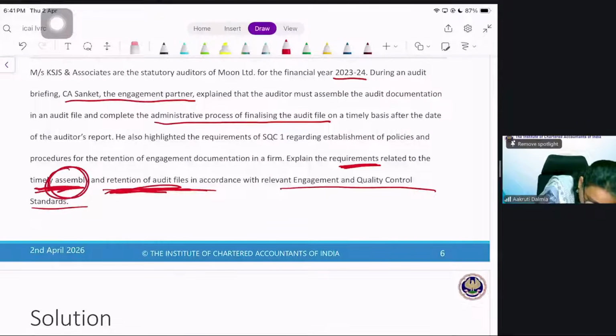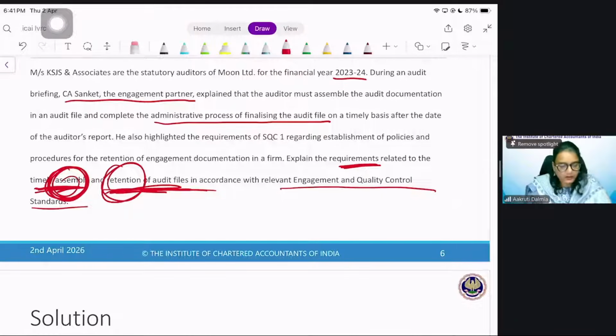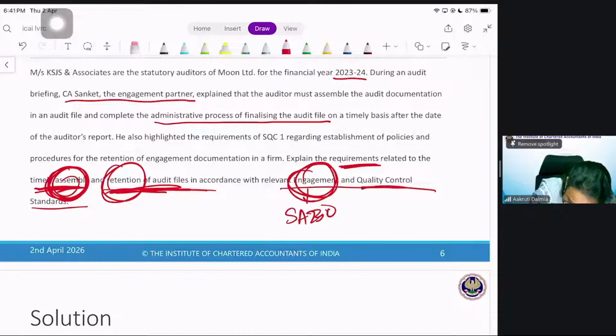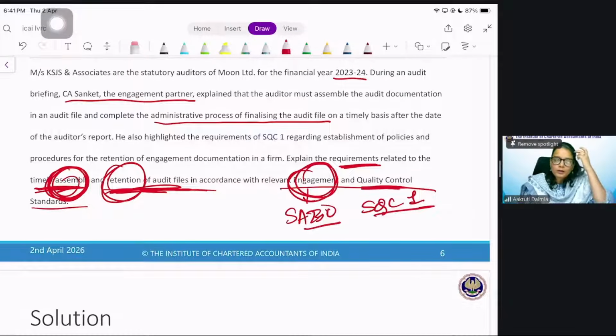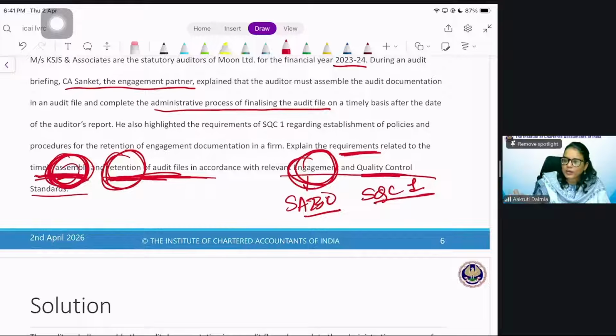So you have to write all the points for assembly, and all the points for retention. You also have to mention SA 230 and, because of engagement standard and quality control, SQC1. You have to mention both the standards and both the points about assembly and retention. So here we have a clear idea of how much we have to write. This is a little longer answer.